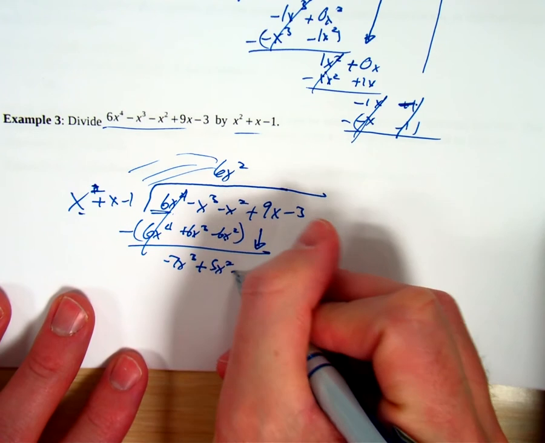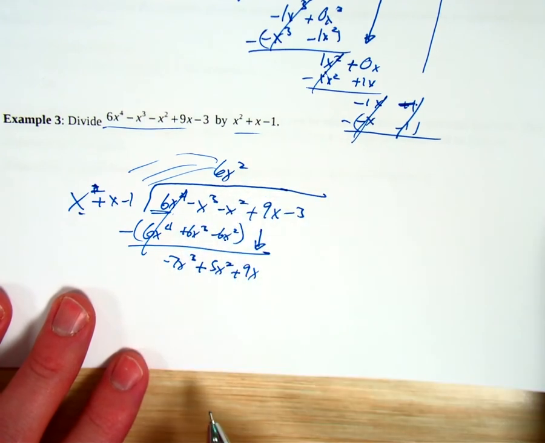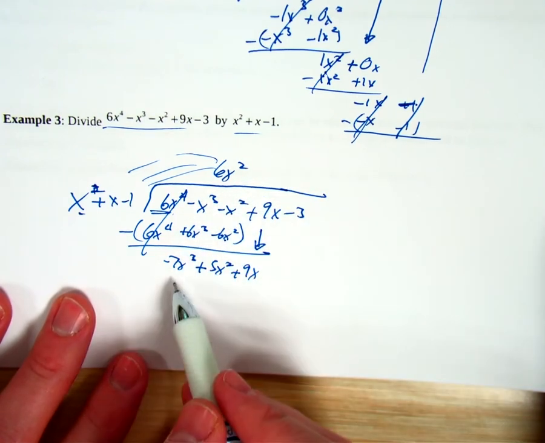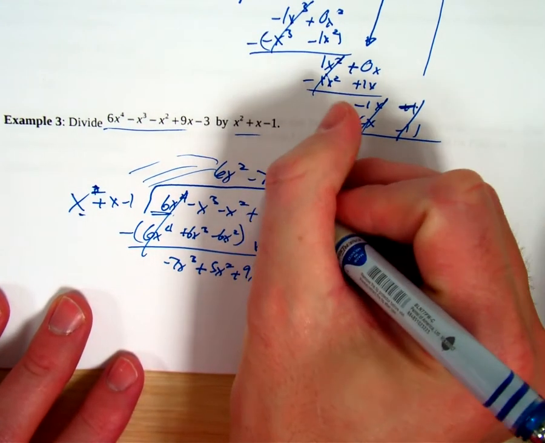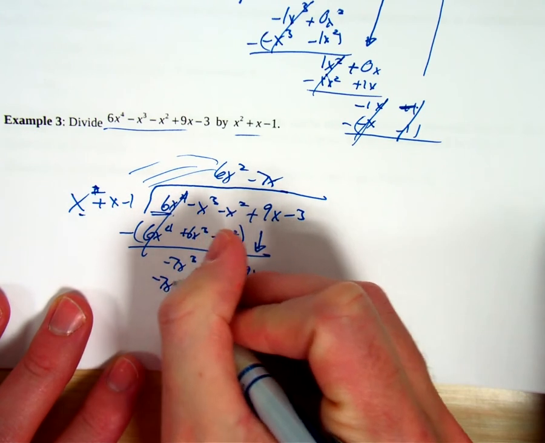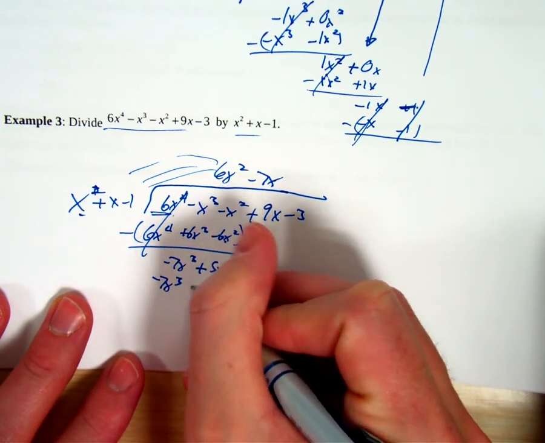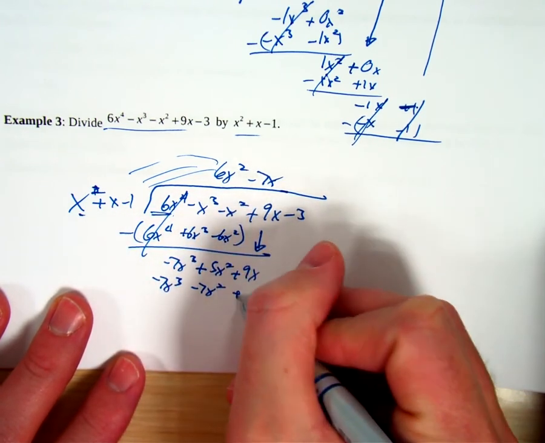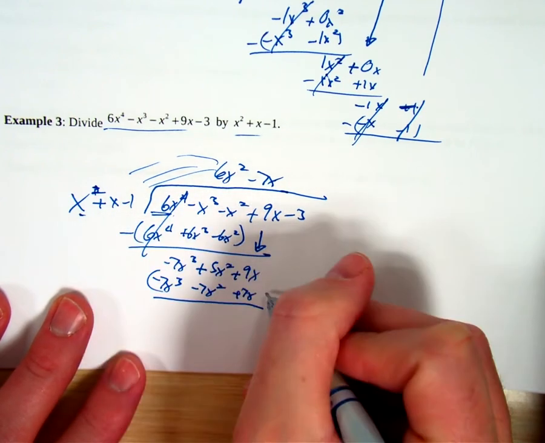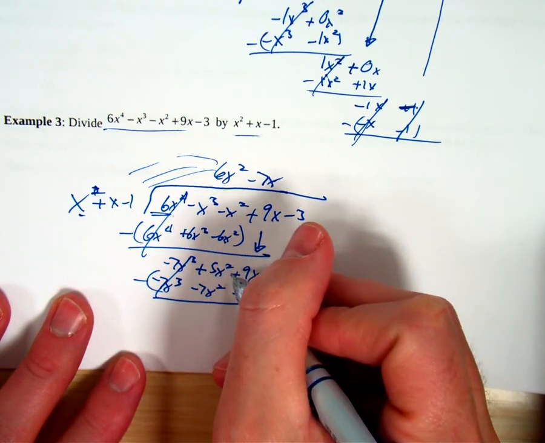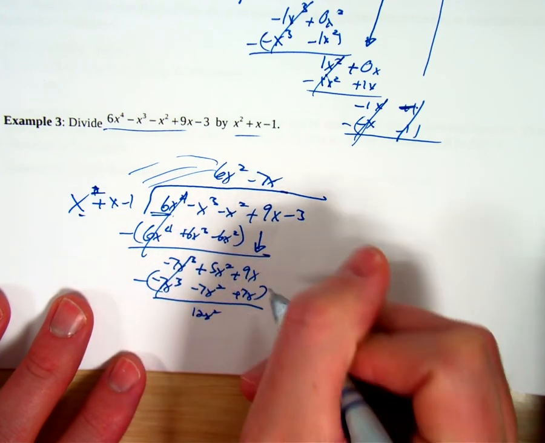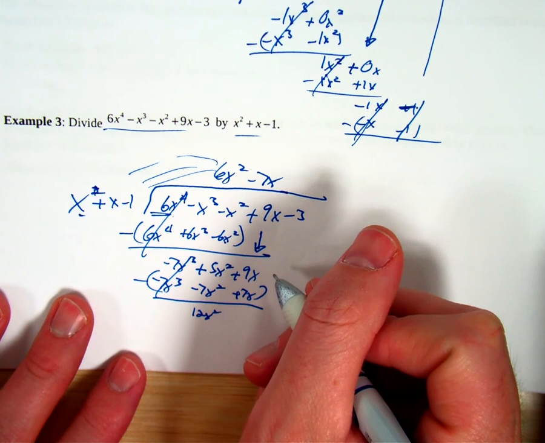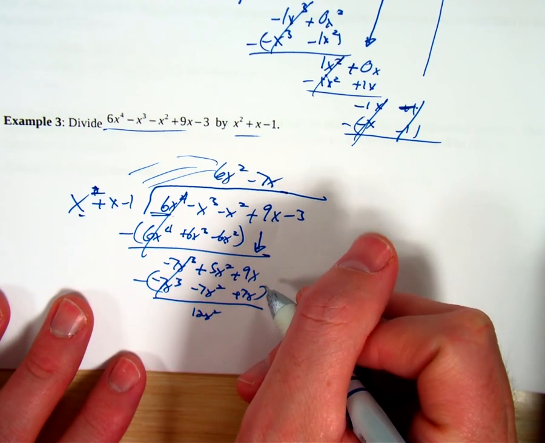Bring down that 9x. -7x to the 3rd, divided by x squared, we'll have -7x. Multiply it back. 5x squared minus -7, so plus 7 is going to be 12x squared. 9x minus, oh, Mr. Handke, what happened there?